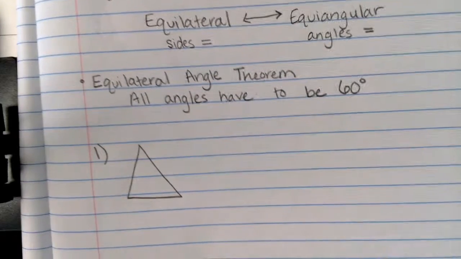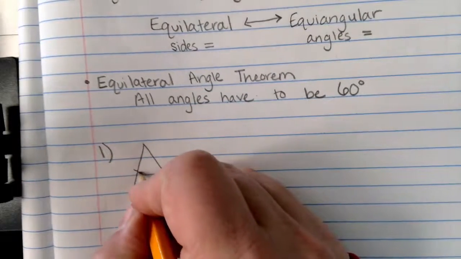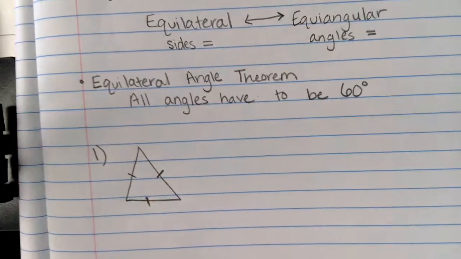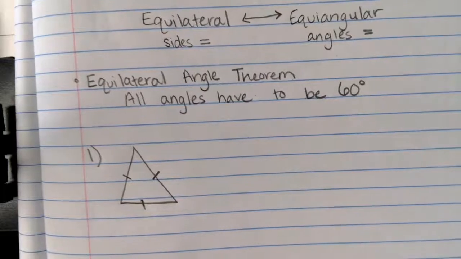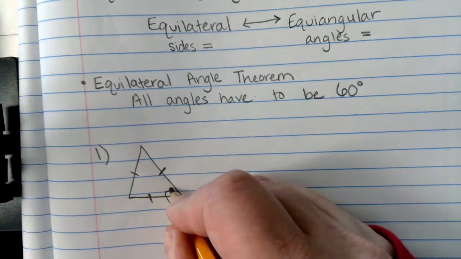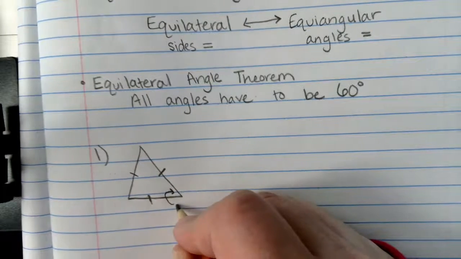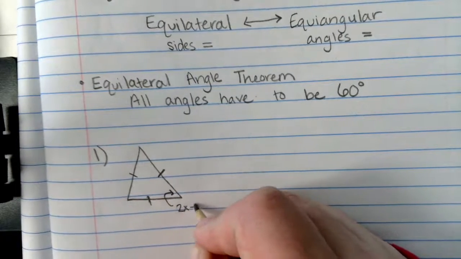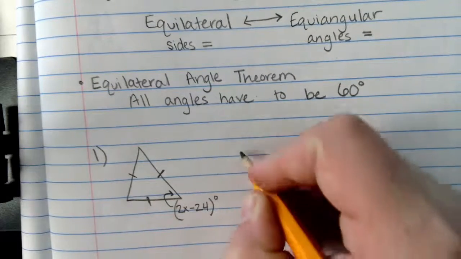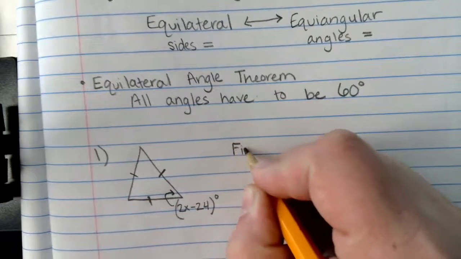We know it's equilateral, which means all the sides are the same. And this angle right here is 2x minus 24 degrees. And our goal is to find x.